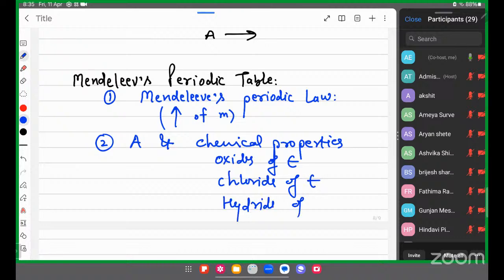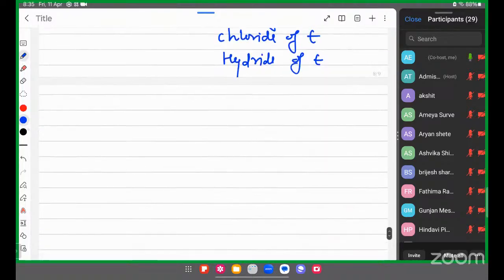And the reasoning was like this: if certain elements have the same type of chemical formula of oxide, they will have similar chemical behavior. Let me give an example for this. Let's say we have lithium, sodium, potassium, rubidium, and cesium, and all of these are treated with oxygen. They react with oxygen.